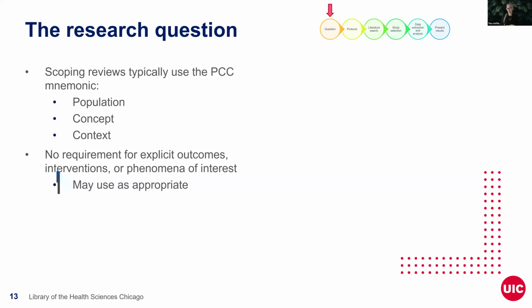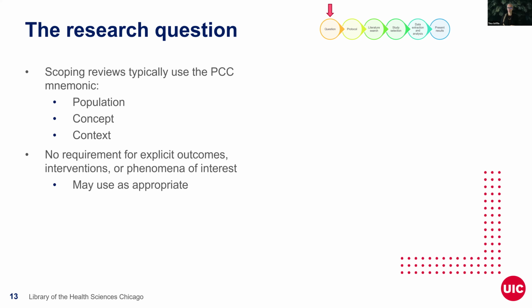So let's talk about that research question. Scoping reviews, like I mentioned, usually use the PCC framework. There are other frameworks that you can use, but population, concept, and context. There are no specific requirements for having any kind of particular outcome or intervention, and it may not be appropriate to use PCC.